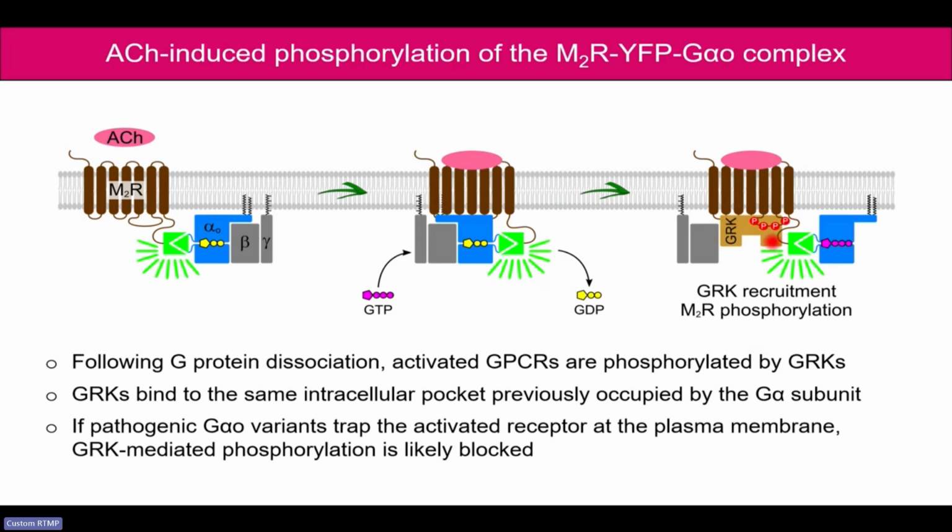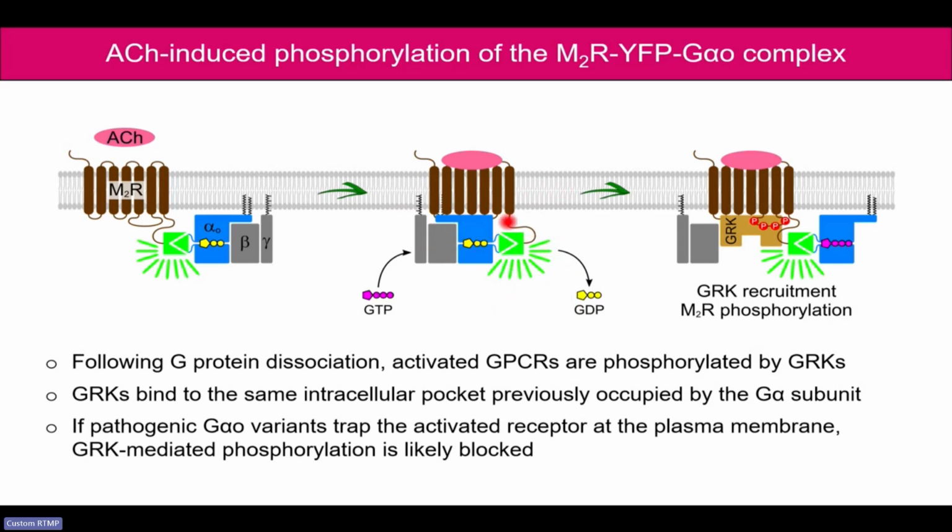Once the receptor is phosphorylated, arrestin, beta-arrestin, which are scaffold molecules, binds the receptors, and then all the machinery for endocytosis can start, and the receptor can go for endocytosis, basically.